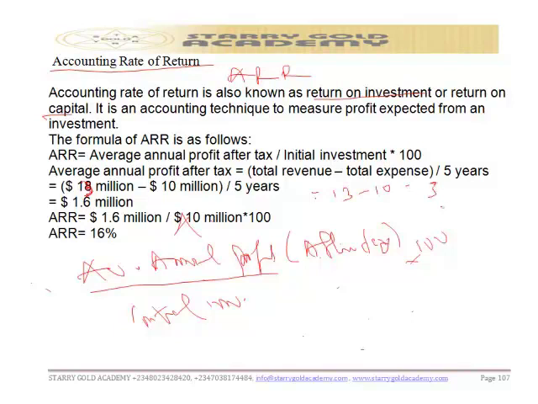So the profit is 3 million divided by 5 years. That is 0.6 million. So our average profit is 0.6 million all over initial outlay, which is 10 million, multiplied by 100.